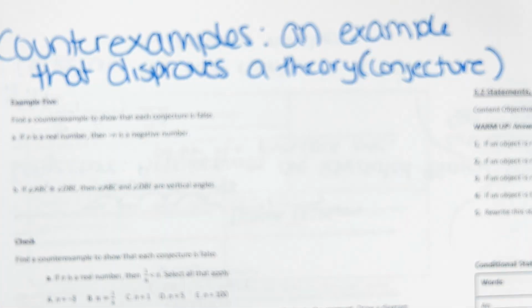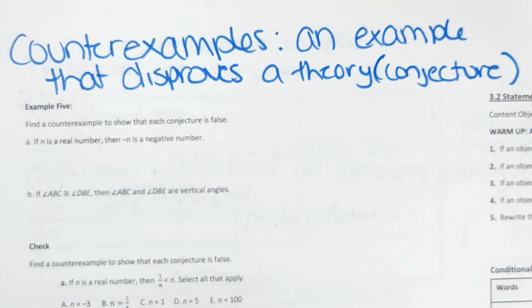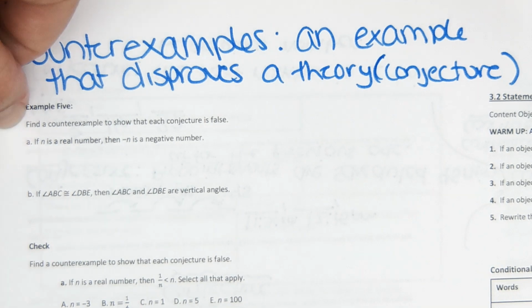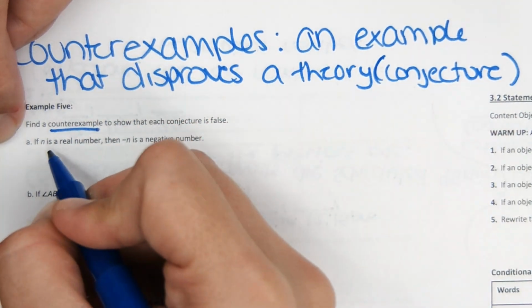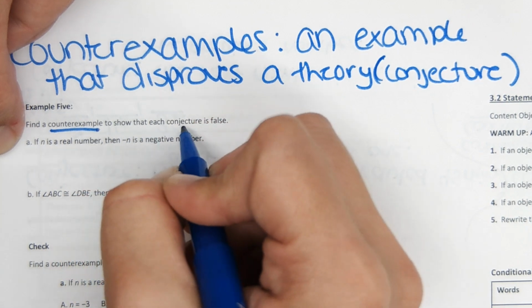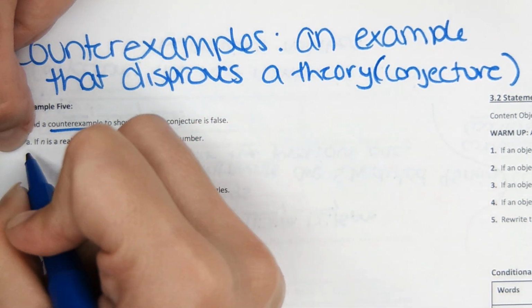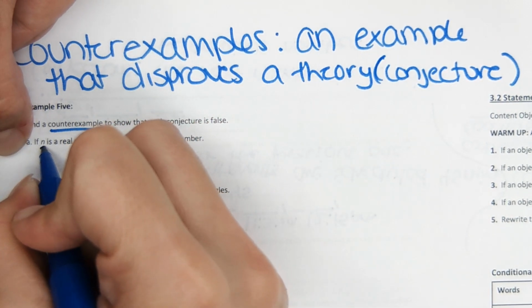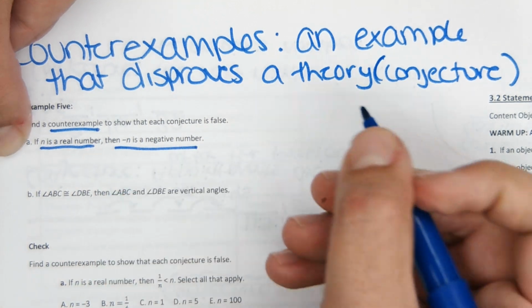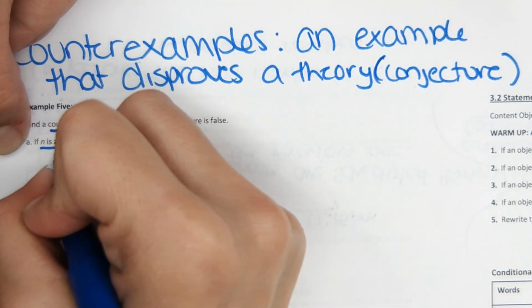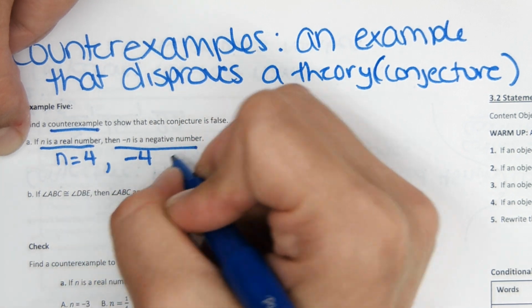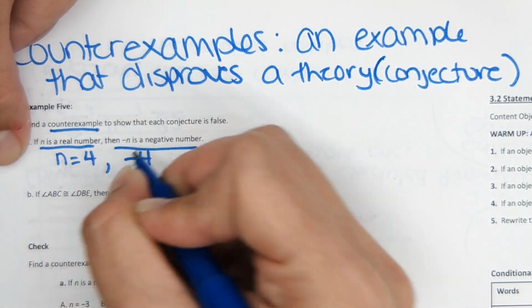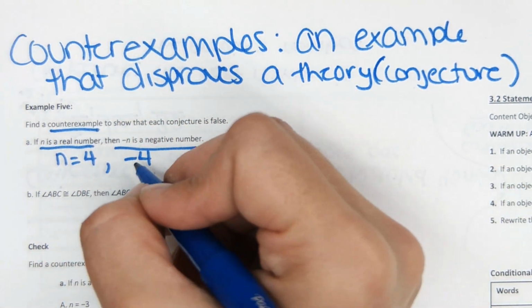Zoom in here so you can see the example. Okay, so here it says find a counterexample, so an example that disproves the statement to show that each conjecture is false. So here it says if n is a real number, then negative n is a negative number. Well, if n equals 4, then negative 4 is a negative. It works there. But we're looking for a counterexample where that doesn't work.